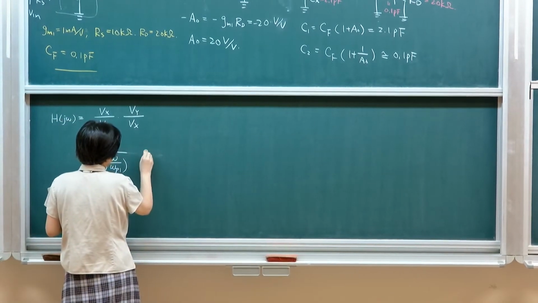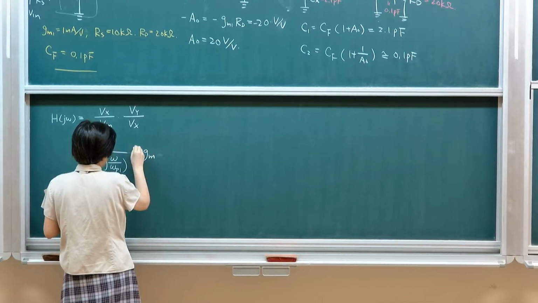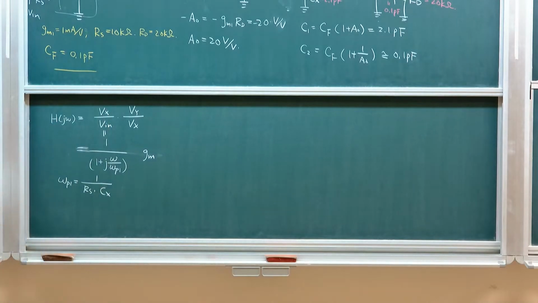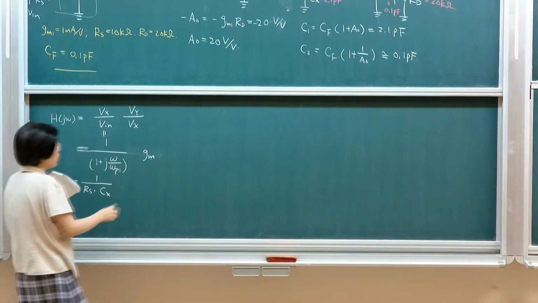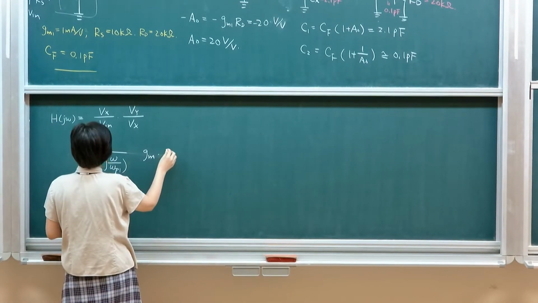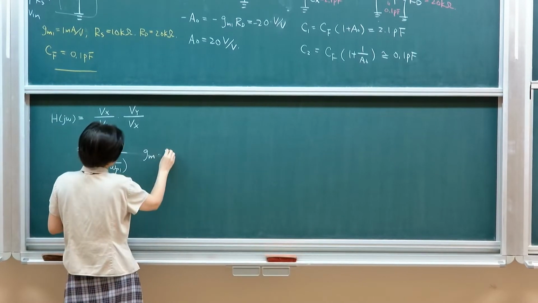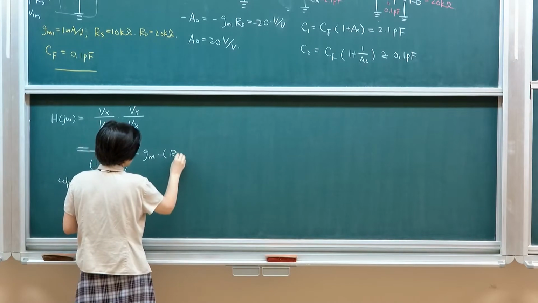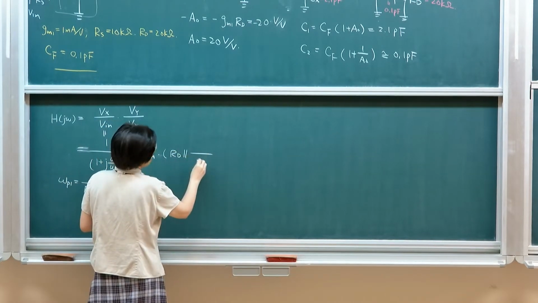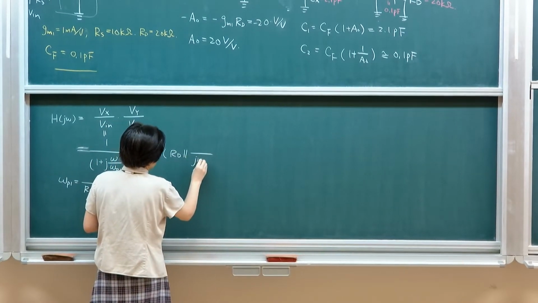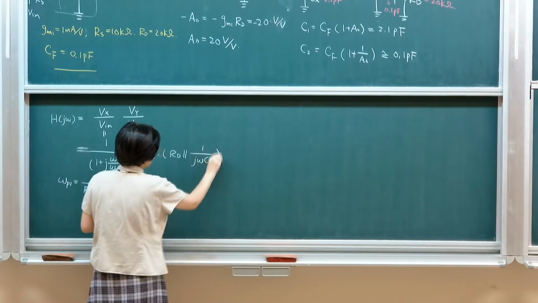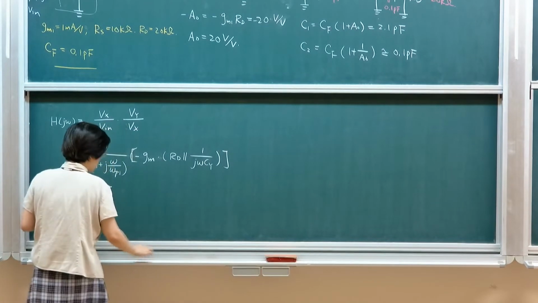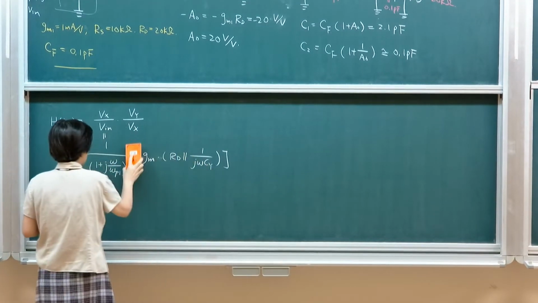And then the second part will be Gm. As I said, this will be Vx over Vin. And Vy over Vx will be minus Gm times Rd in parallel with 1 over j omega Cy. So that will be the second term.